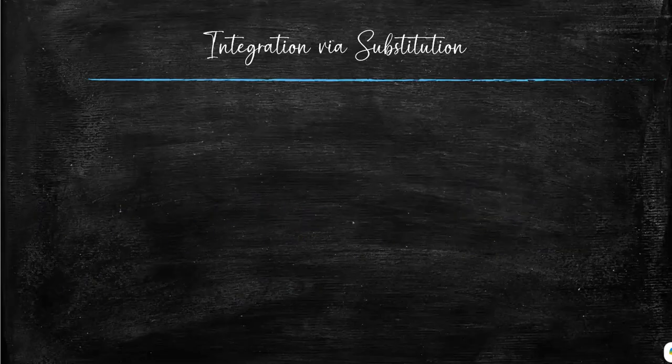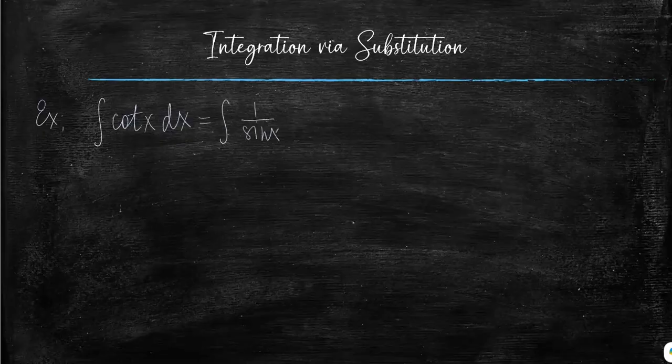All right, let's continue doing the same things, but without that process written in front of us. Let's do the integral of cotangent x. Same thing, the pattern may not be obvious, but you may have to rewrite your integrand to see the pattern. And now we're going to do substitution.